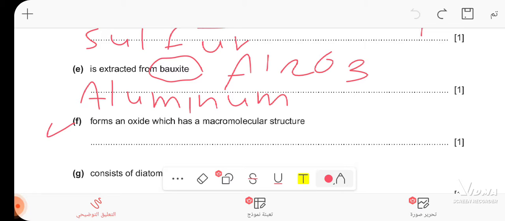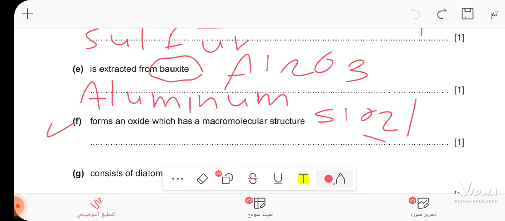Forms an oxide which has a macromolecular structure. When we talked about bonding, we said that SiO2, silicon dioxide, and also diamond, all of those have a macromolecular structure, because they form a tetrahedral shape.